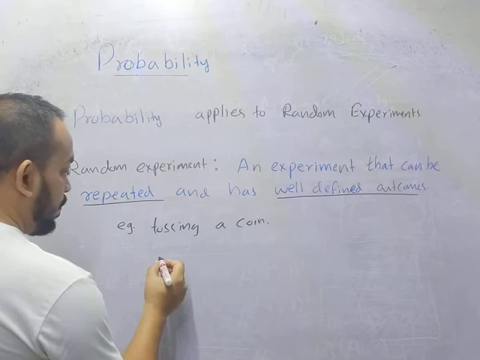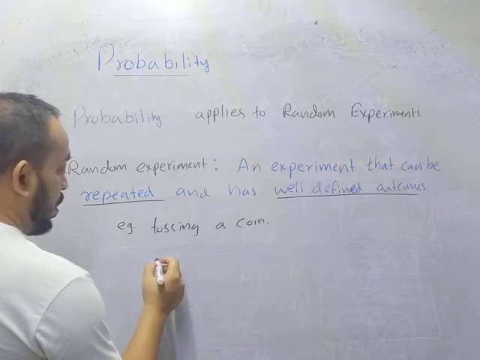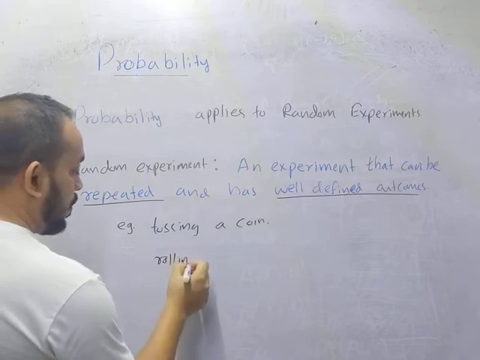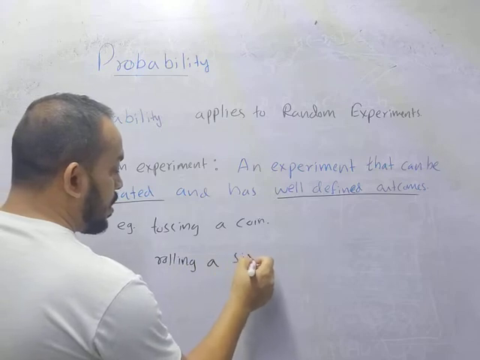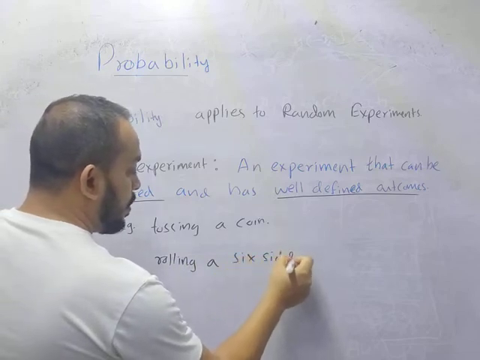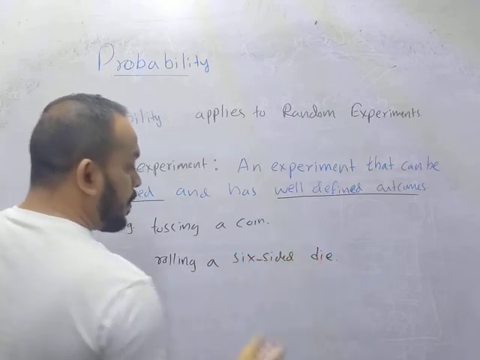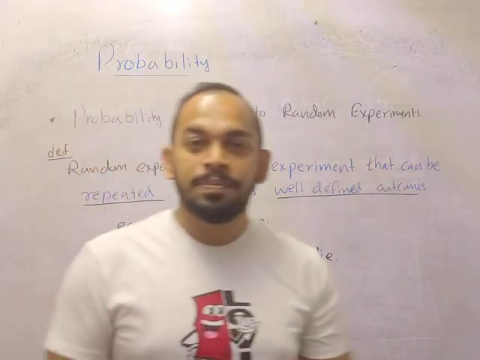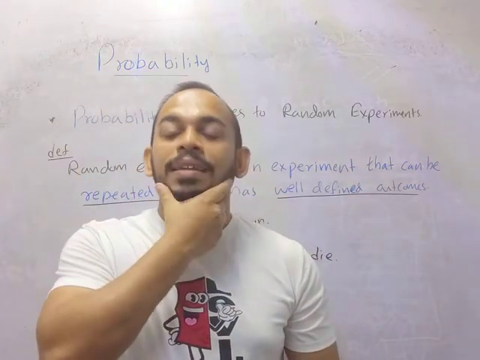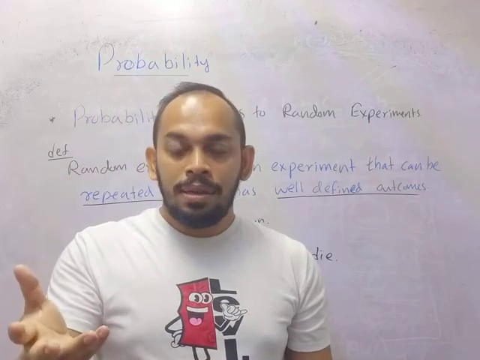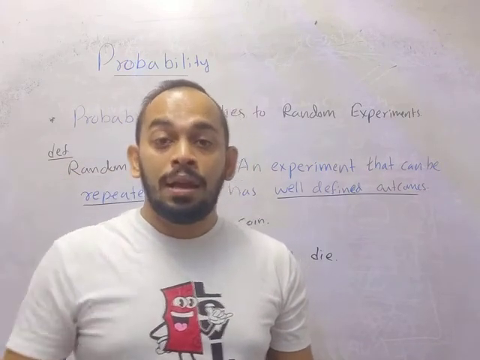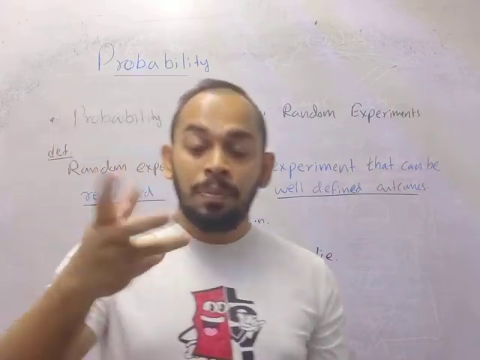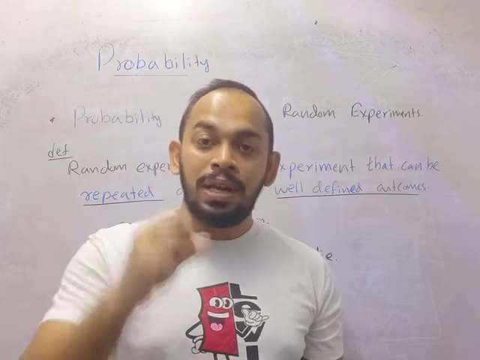Another one, rolling a six-sided die. This experiment can also be repeated, and it has well-defined outcomes.